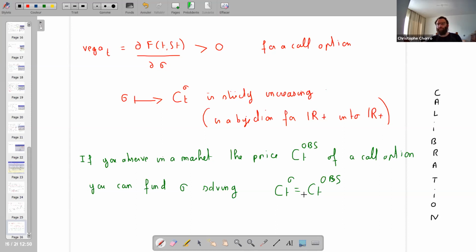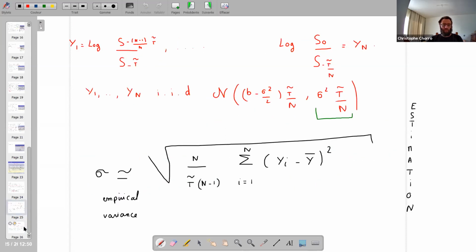And a priori, in a perfect world, the two approaches, the two strategies to get sigma, should give rise to more or less the same thing. And in practice, we see that it's not what we obtain. And the fact that we have a difference between these two approaches is a major drawback in the Black and Scholes model.